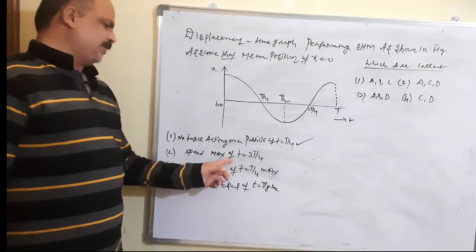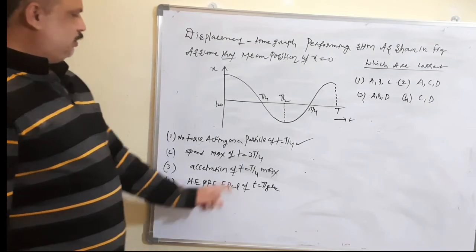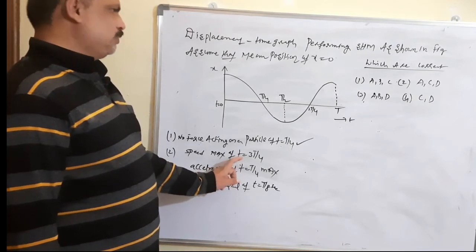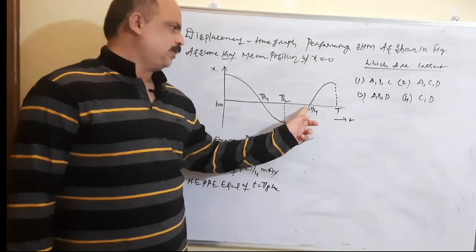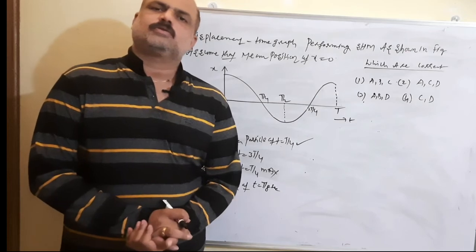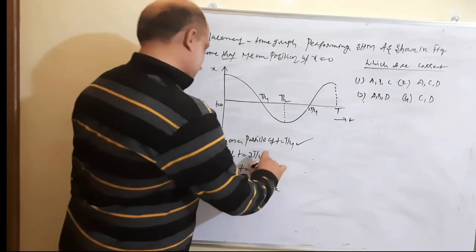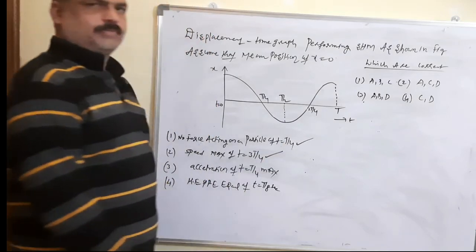Speed is maximum at t is equal to 3T by 4. Here at t is equal to 3T by 4, the particle is at the mean position from the graph. At the mean position, we know that the speed of the particle is maximum. So this is also correct.